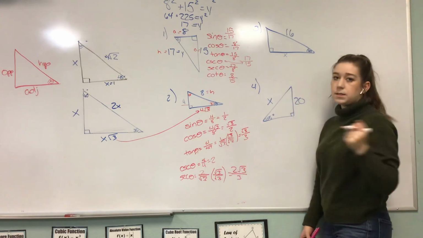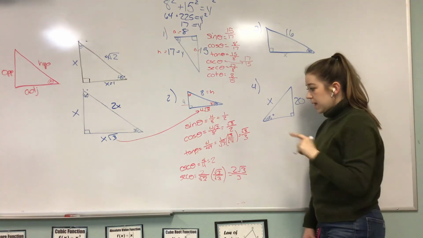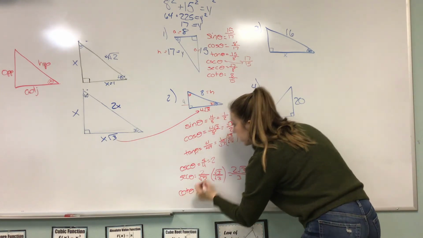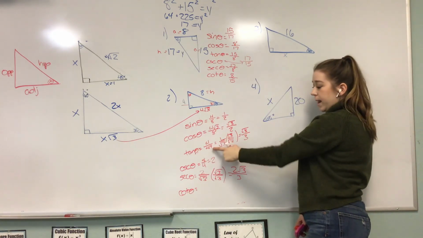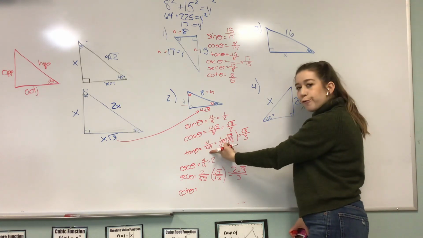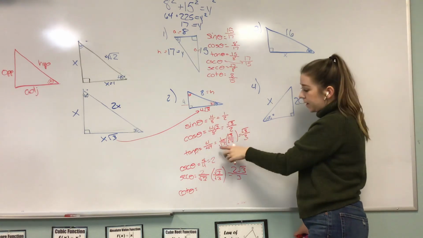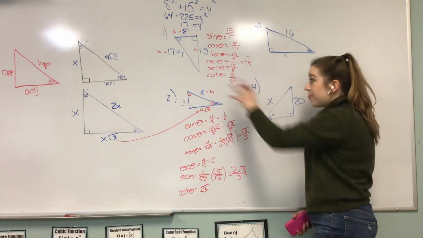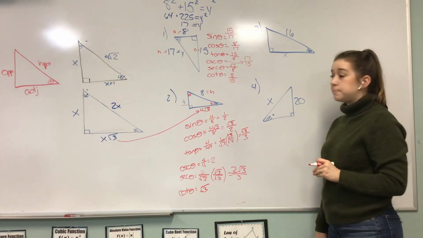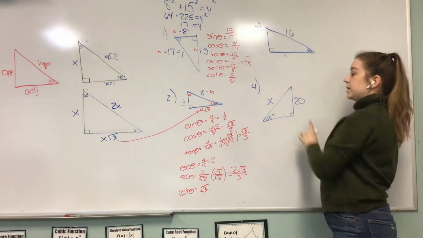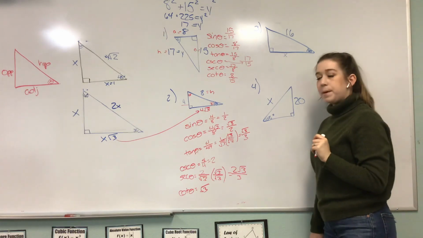You cannot simplify it anymore. And then we have cotangent. If we look at the beginning before we rationalize, that's 4 over 4 root 3. If we flip it, that just gives us the square root of 3. And those are our values. All right, I'm going to pause it, and we're going to move on to these problems in the next video to give you a teeny bit of a break if you need it.